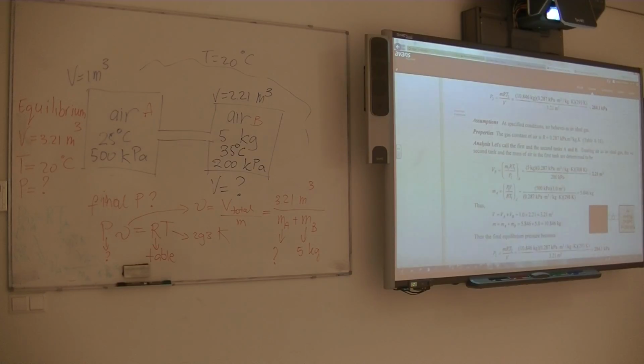In a roundabout way you used the other formula, but it amounts to the same thing. But I think it's easier, because you have the mass there directly, you have the volume directly, so you don't need to split it up. Of course, it's true, because the specific volume is the volume divided by mass.